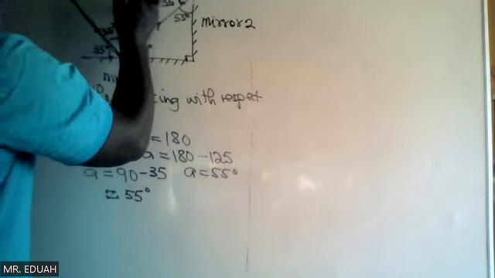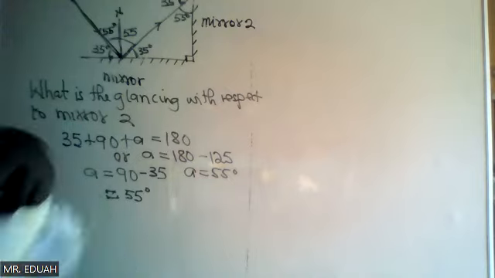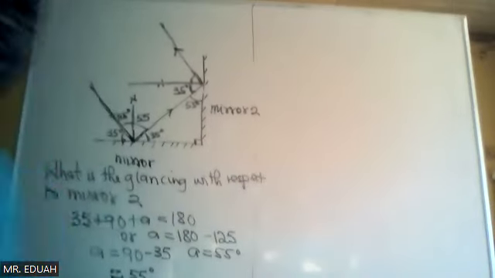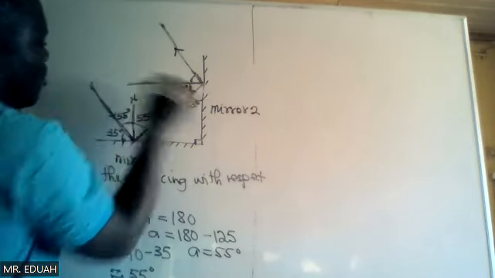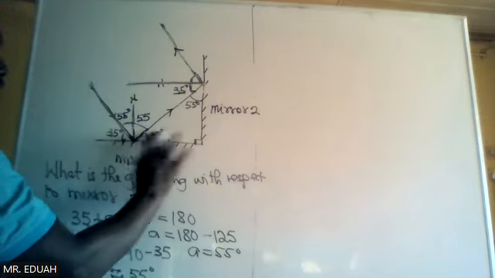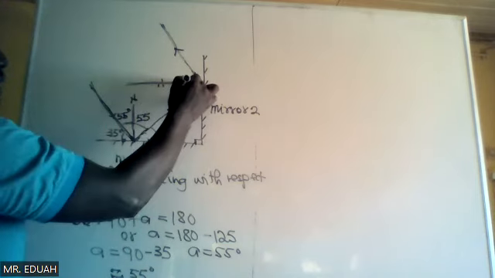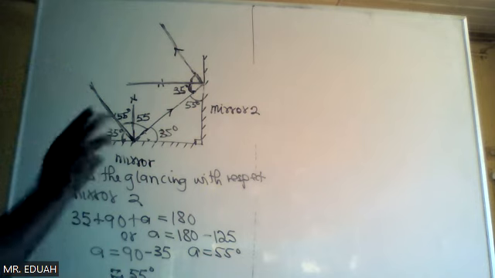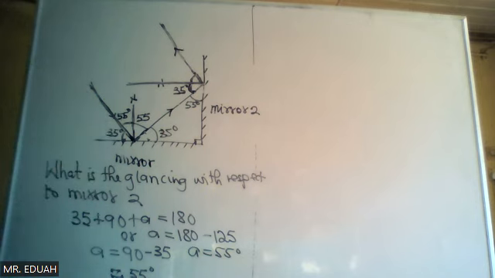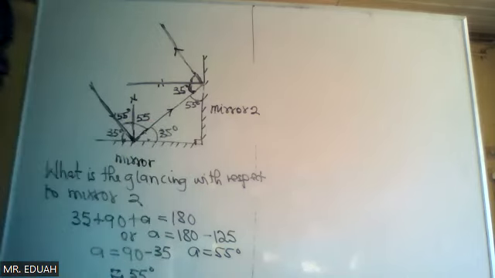If you extend the normal, and this is 35, this angle is 35. Then it's alternate with this angle. Is that okay? But it's not always like that. In this particular context it works, especially because of the relationship between the two mirrors. Okay.